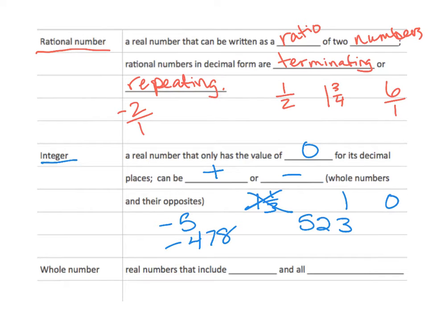The next one we're going to talk about is a whole number. Real numbers that include 0 and all positive numbers. So 0, 1, 2, 3, 4, 5, all the way up to whenever. Those are whole numbers. Remember, feel free to pause the video anytime you need to catch up.